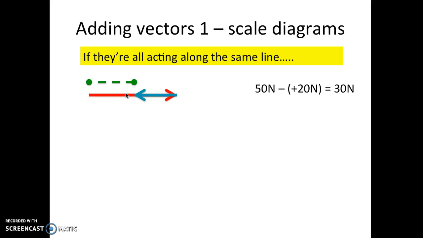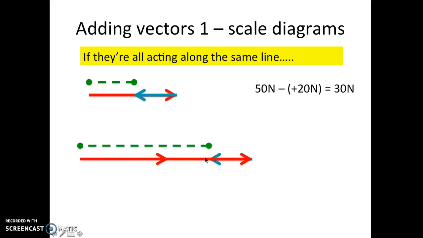Which is 30 newtons. If I had two forces acting in the same direction and then one acting in the opposite direction, again I go arrow tip to base, arrow tip to base, arrow tip to base, and then work out that distance, which in this case would be 50 newtons plus 50 newtons minus 20 newtons, which is 80 newtons.